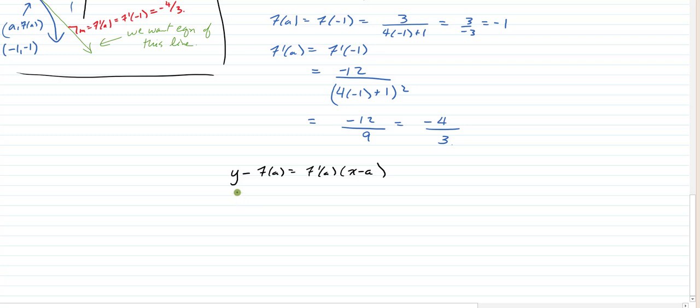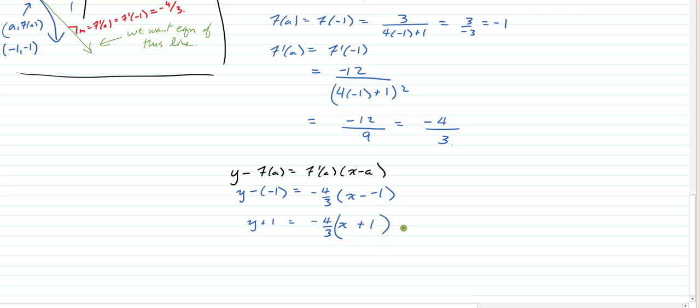So we would have y minus -1 is equal to -4/3 times x minus -1. And we can clean that up quite a bit, so that gives us y plus 1 is equal to -4/3 times x plus 1.